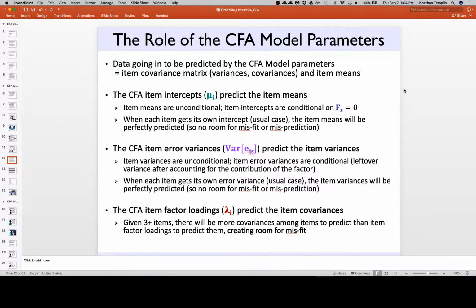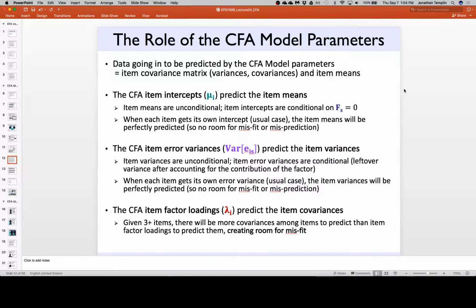So here is the role of each of these parameters. As we noted before, the item intercepts were equal to the item means whenever we have a factor variance of 0. That's because the item intercepts effectively are the factor means. The slides say predict the item means. But basically, when you form a model, as I mentioned before, the patterns of means, variances, and covariances describe what the model should look like.